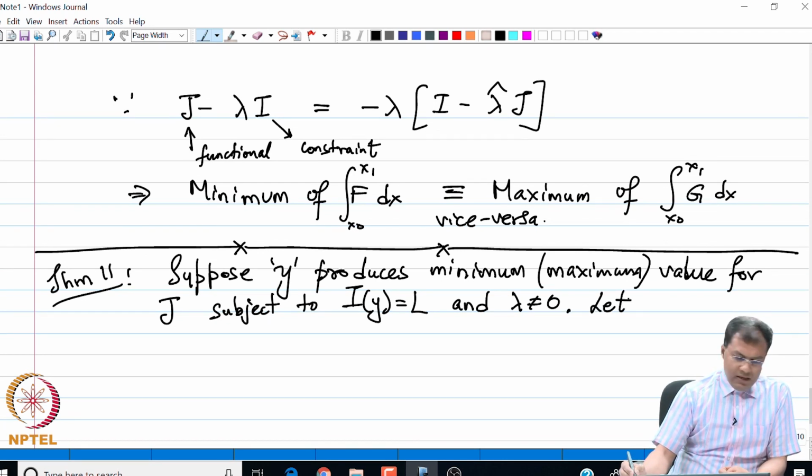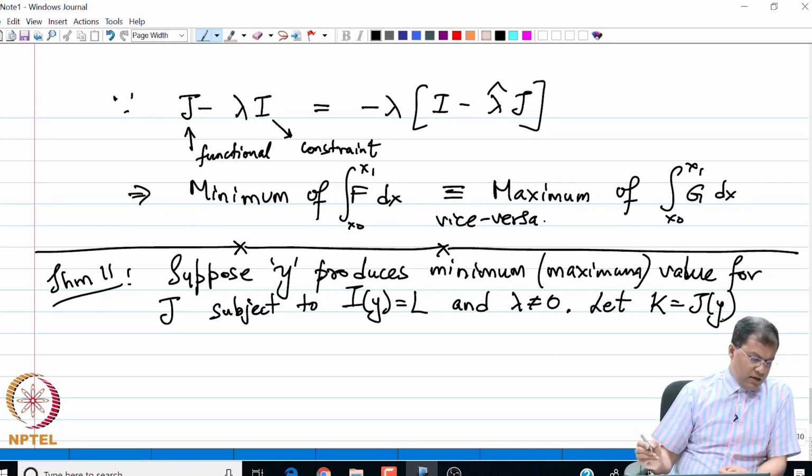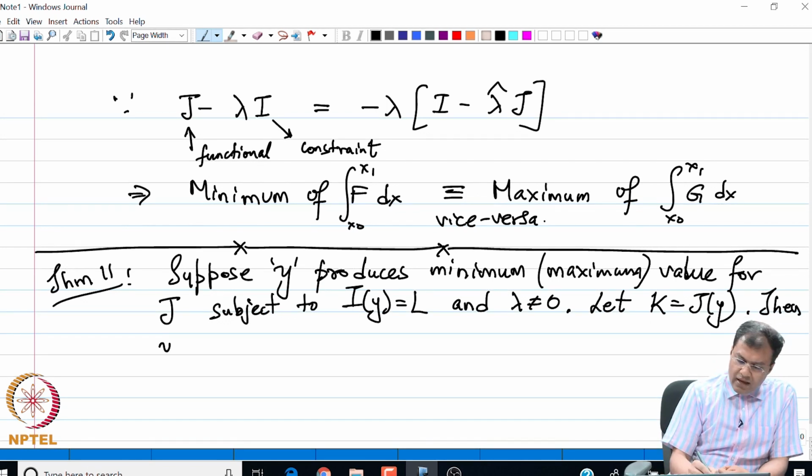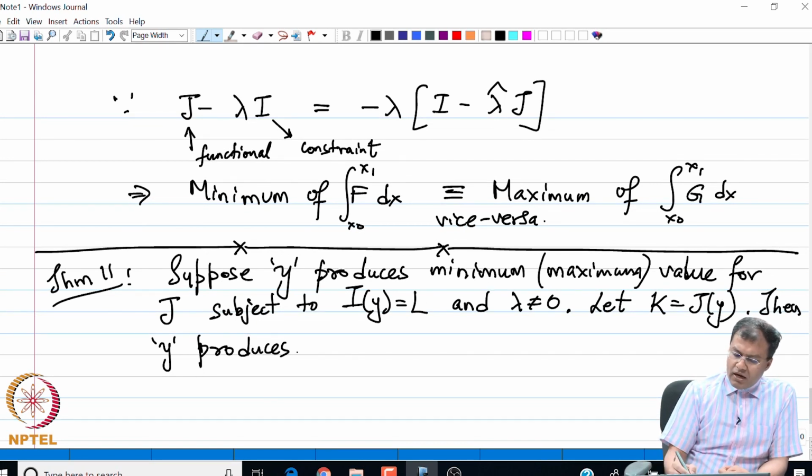Then let K be equal to J of y. Then y produces a maximum for the other problem, and for a maximum, y produces a minimum, respectively.